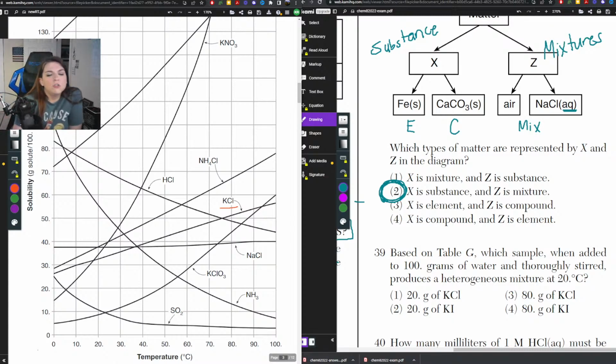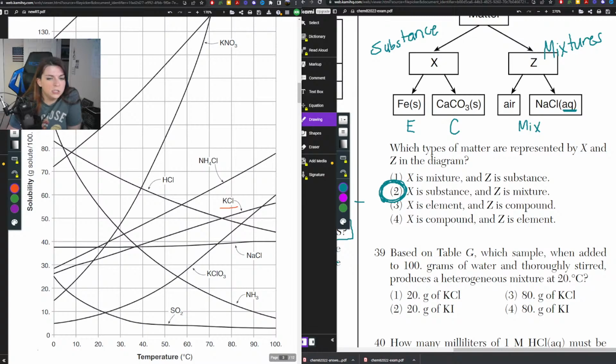If you're dissolving in 100 grams of water, you just read Table G. If you're dissolving in 200 grams of water, you read the data point and then double it. If you're dissolving in 50 grams of water, you read the data point and chop it in half.